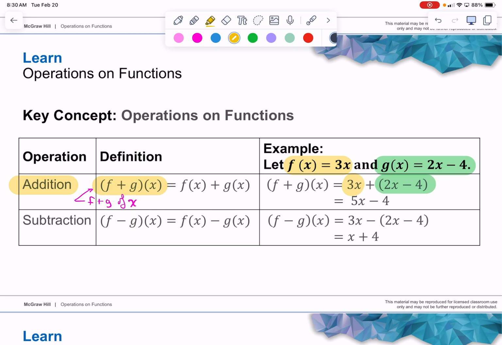When we subtract two functions, this notation means f minus g of x. We take all of f of x and subtract from it all of g of x.